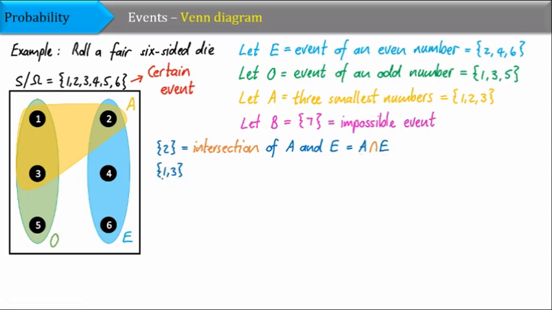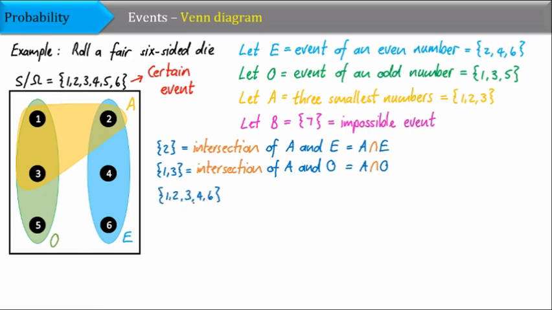If we look at the outcomes 1 and 3, where are they? They're sitting in event O, but they're also sitting in event A, so that means that they are being shared by events O and A, so they are in the intersection of O and A.